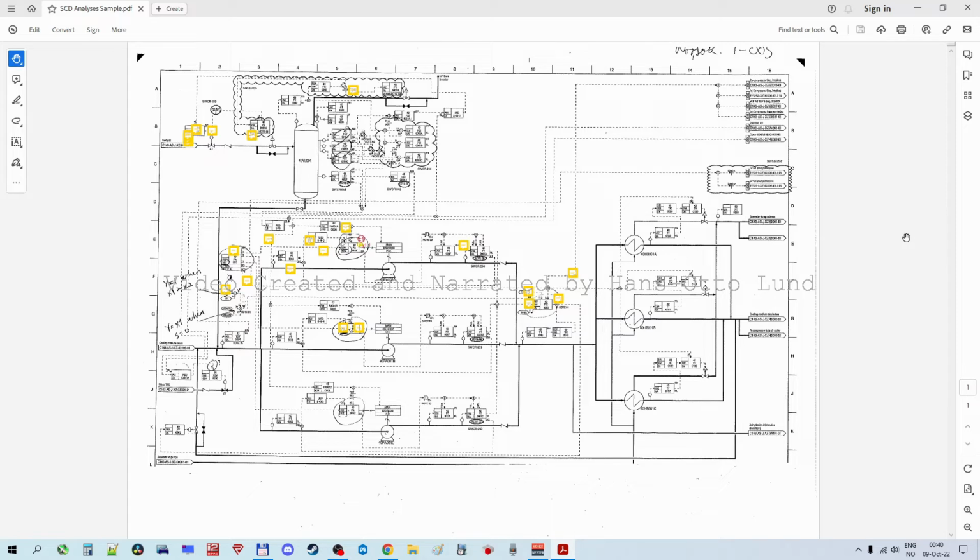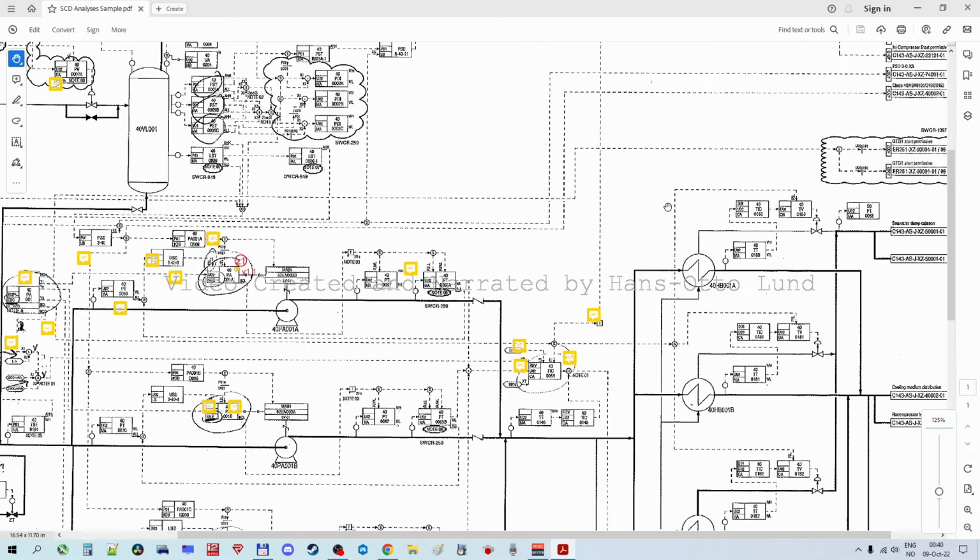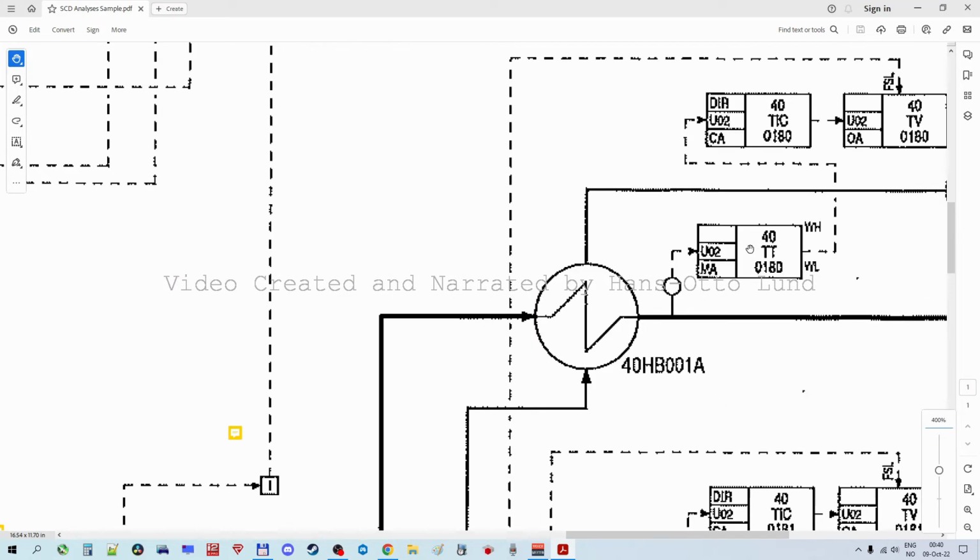But many of the blocks here, like this one is a block, this one is a block, all those squares here, we call them a logic block. Let me zoom a little bit here. Like here, you see there are different descriptions.